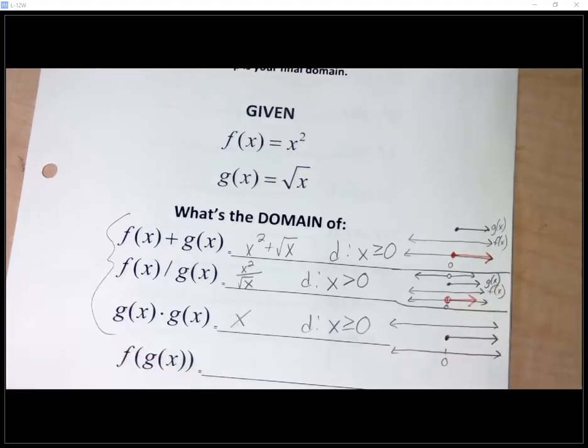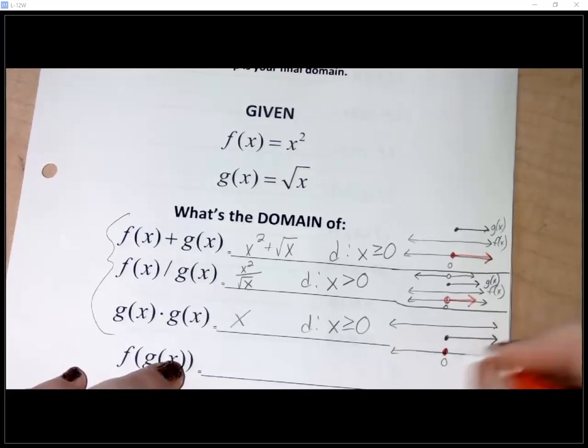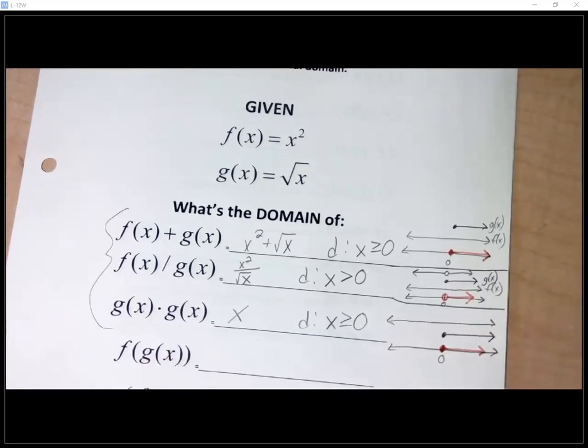So where does it work for everybody? At 0 and above. Does that make sense? Are you with me? Everybody's okay? All right. So that is just a summary of what we had talked about the other day.